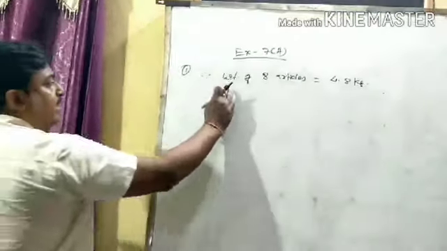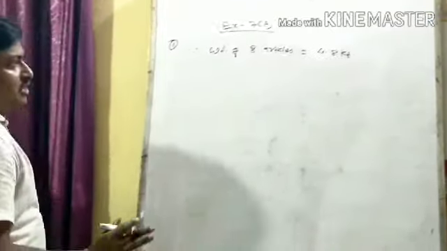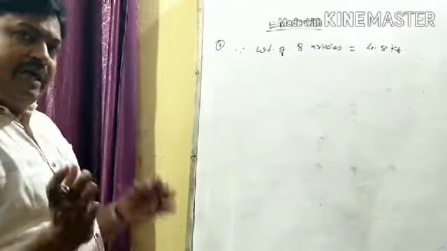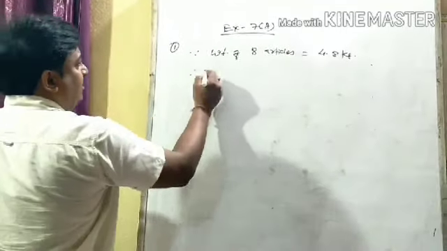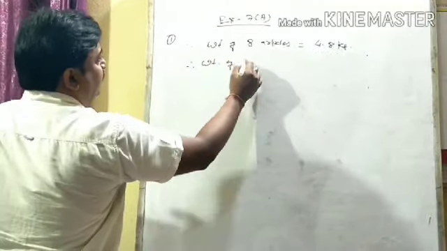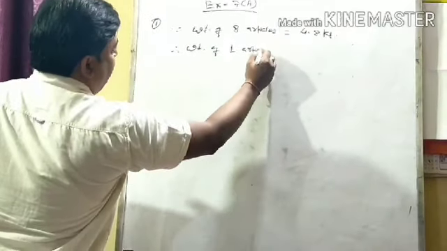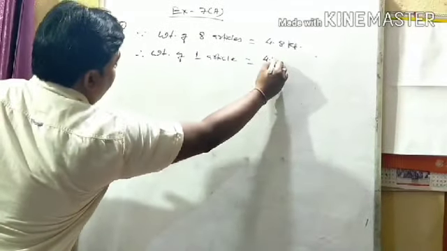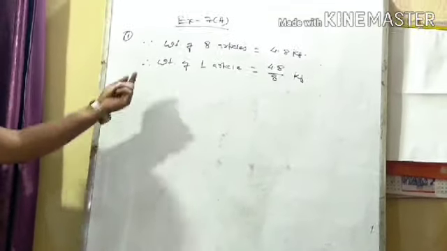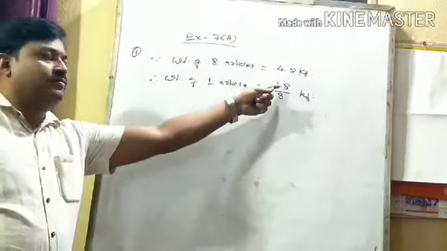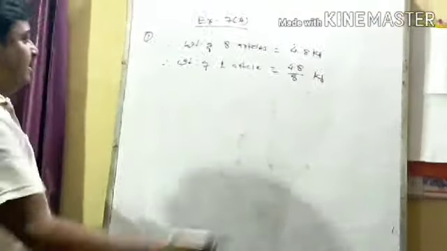Students, since the weight of 8 articles is 4.8 kilogram, in the unitary method we have to find the weight of the unit quantity. Therefore, the weight of one article is equal to 4.8 by 8 kilogram.